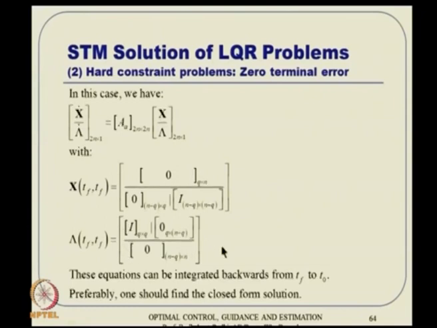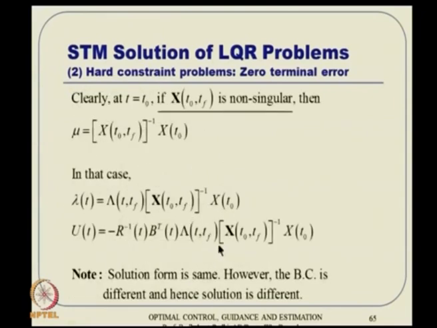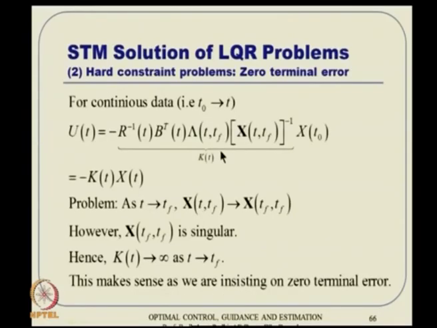Because of that, if you see this control expression, there is an inverse of that, and a singular matrix inverse is obviously infinity. So, we have a problem here, there is a singularity of the control. After some time the control is guaranteed to go to saturation, and at that time you can apply the saturated value or something, but it is not a very good formulation. So, we saw all that at that time.